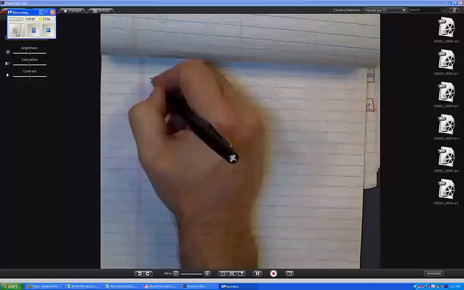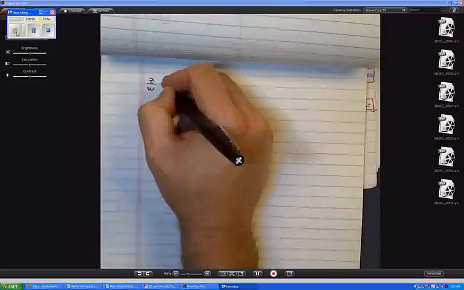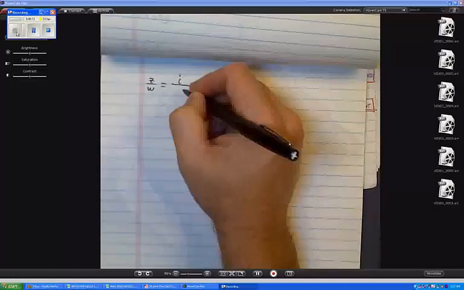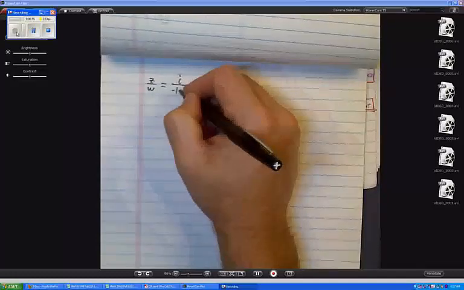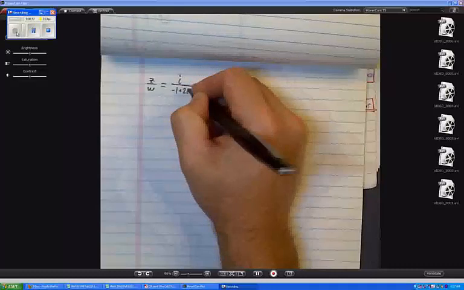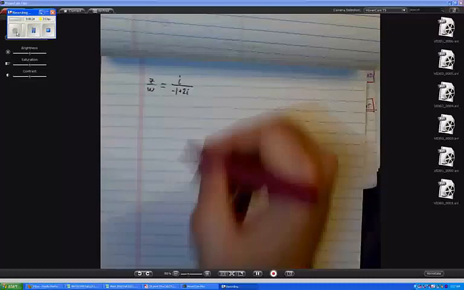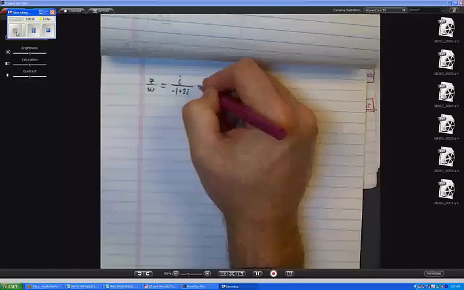Just as one further example, we want to talk about what we're doing right now, Z over W. Z over W is I over -1 plus 2i. And we said it's not simplified because you can't have a radical in the denominator. So what am I going to multiply by to fix it?